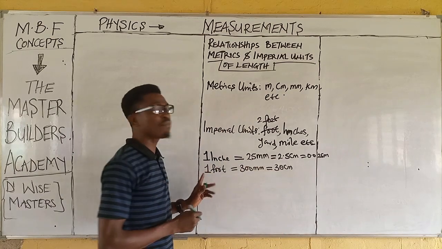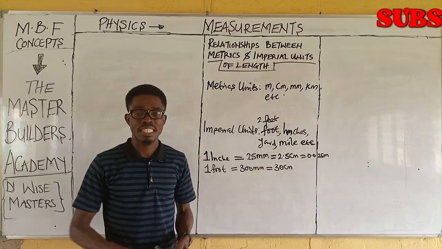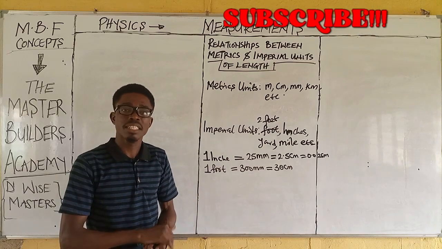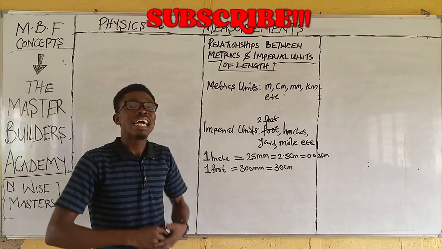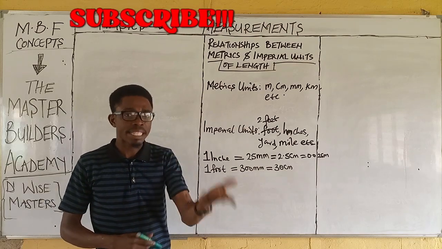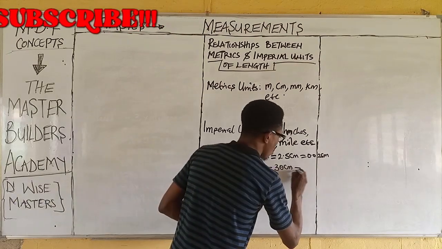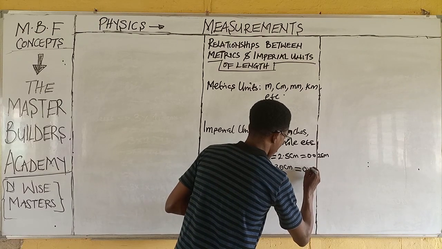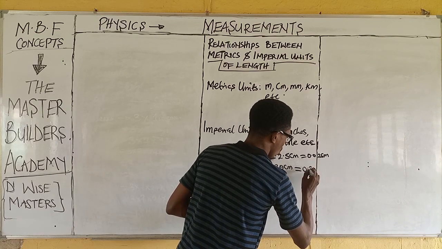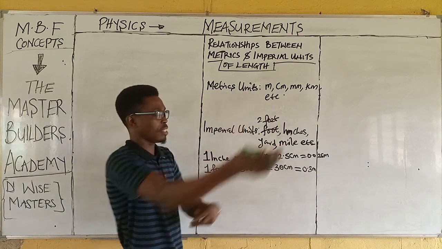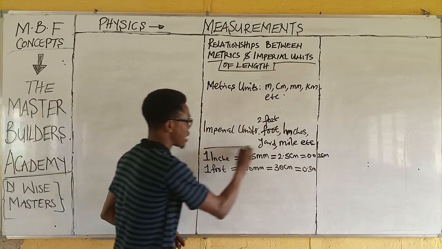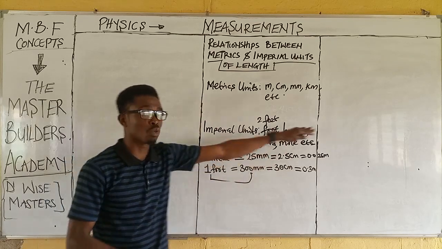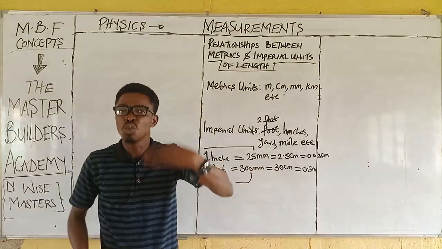So 1 foot is exactly the same thing as 30 cm or 300 millimeters. And this is equivalent to 0.3 meters if I want to convert to meter. But understand that these are the basic things that we need here. Every other can be converted. All metric units, we already know how to convert from one metric unit to the other.